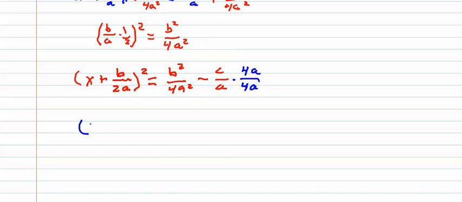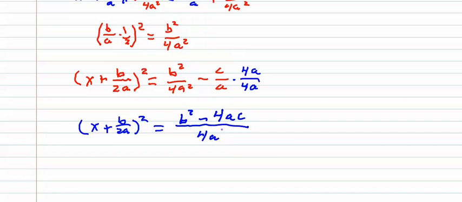That gives me x plus b over 2a, quantity squared, equals b squared minus 4ac, all over 4a squared. And we're almost done.